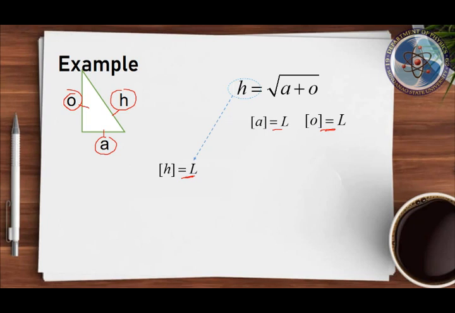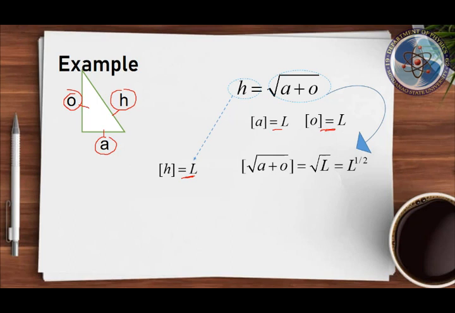But this expression over here, if they are both L and L, they can be added. They can be combined. And then if we apply the square root, then the dimension would become length raised to the power of 1/2.